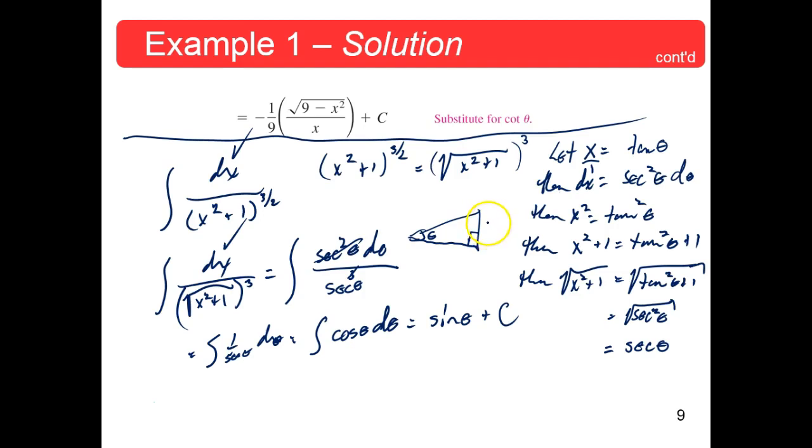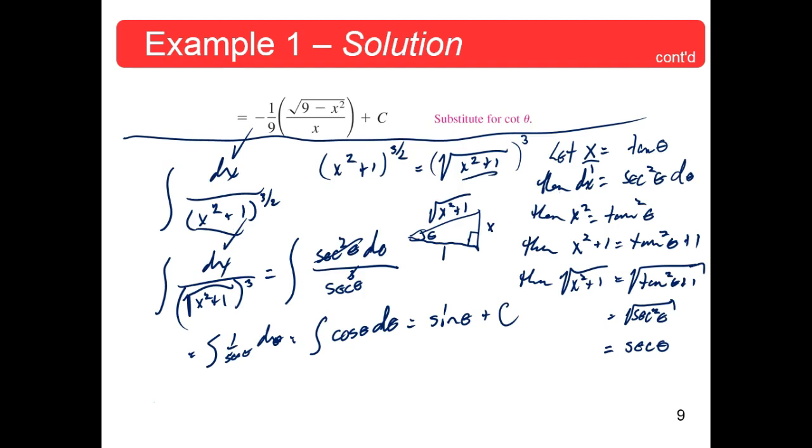Okay, so x is the opposite and 1 is the adjacent. Right? Opposite over adjacent. That's tangent. So I've drawn it right. So what's the hypotenuse over here? The square root of x squared plus 1, which is exactly what we've got here. Right? That's why radical forms are okay here.